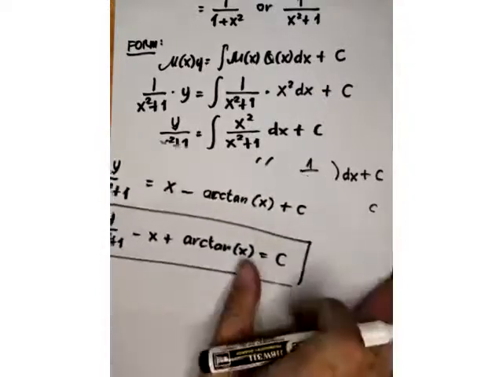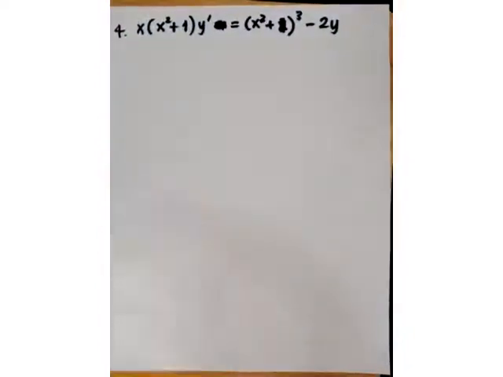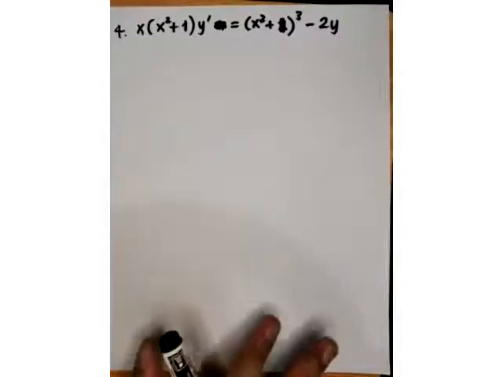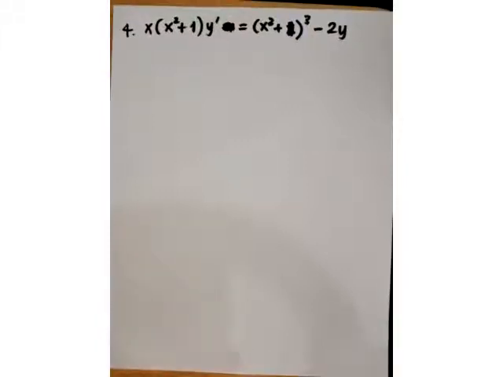Okay, so let's have our fourth example. Okay, so 4x times x squared plus 1 y prime is equal to the quantity x squared plus 1 cubed minus 2. Ayan.